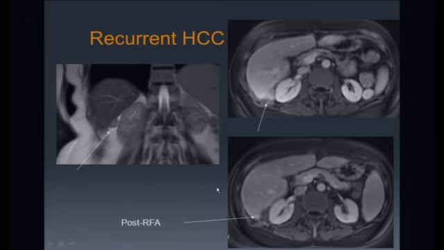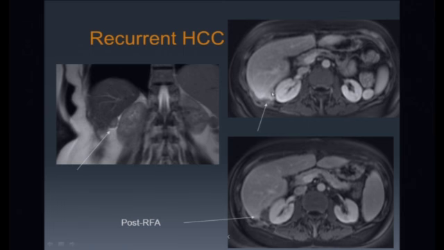This is a case of recurrent HCC. This patient had hepatocellular carcinoma in his liver, and he had a transplant, but a little bit of tumor may unfortunately have seeded during the transplantation process, and it appears as a mass which is visible adjacent to the liver in Morrison's pouch on this HASTE sequence.